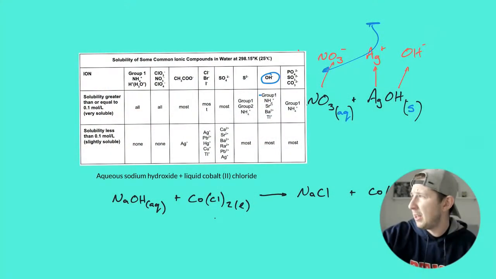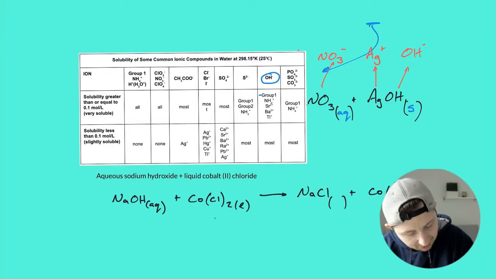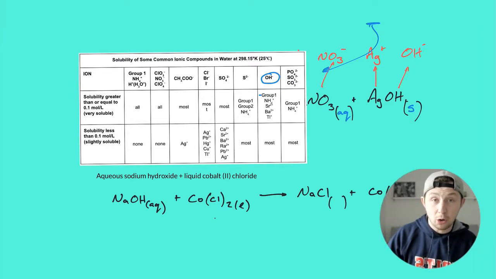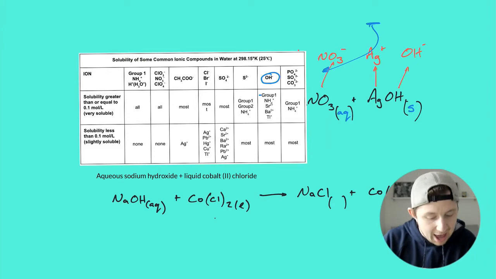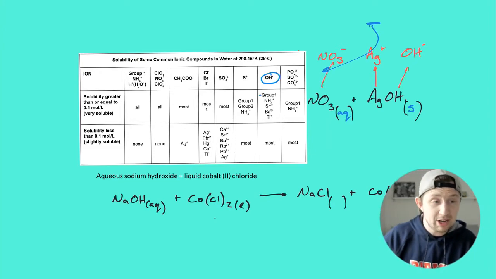My bad. There we go. All right. So sodium hydroxide here, cobalt-2 chloride here. And so now what we want to do is predict the states of these. So we're going to end up with sodium chloride, which is salt, and this cobalt hydroxide. And so that's what we need to predict right now.